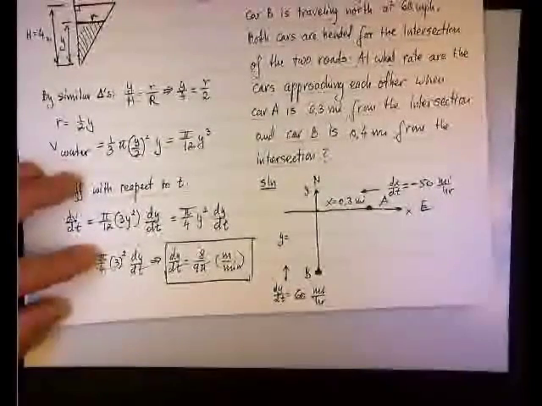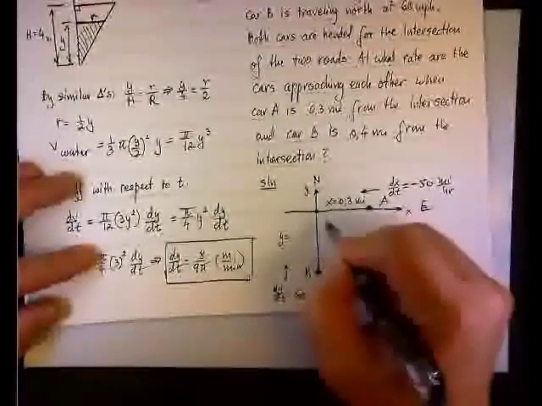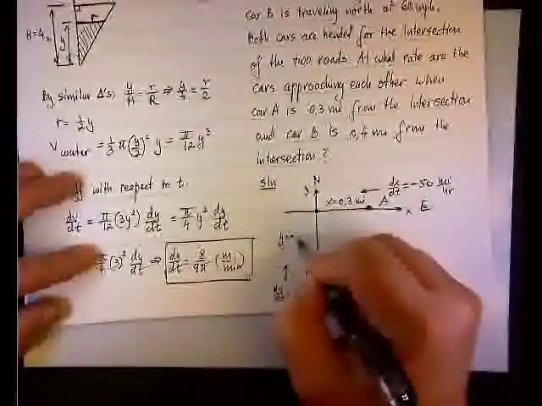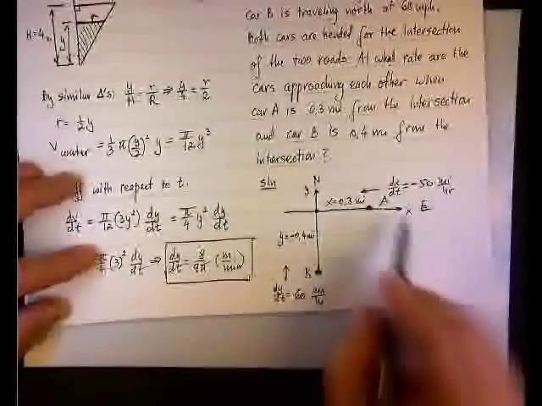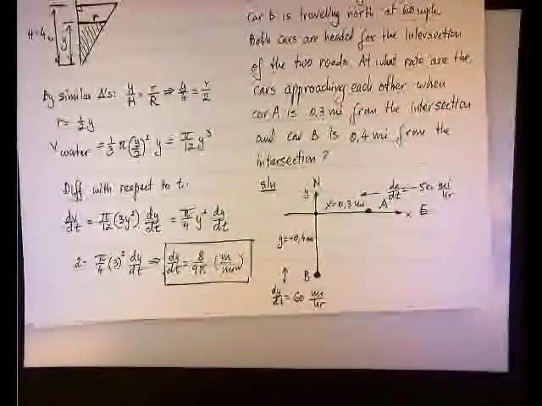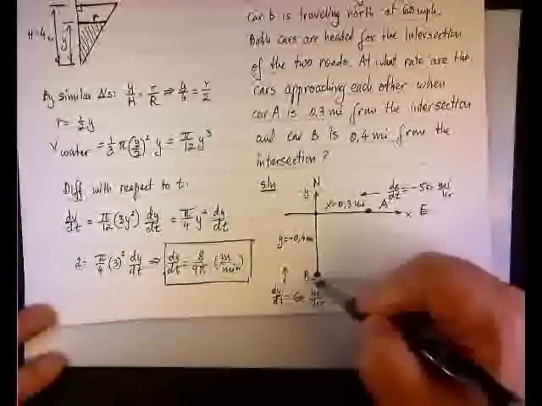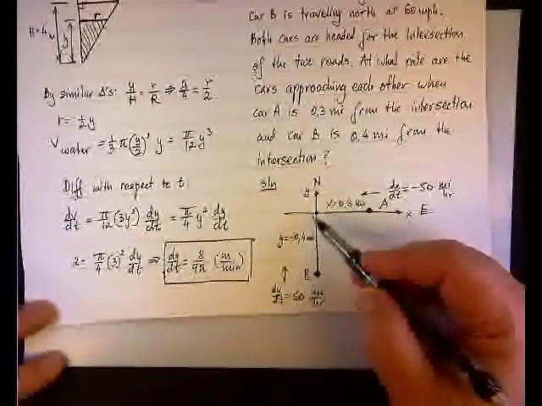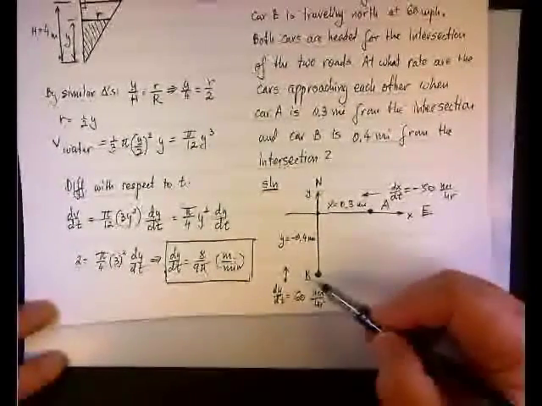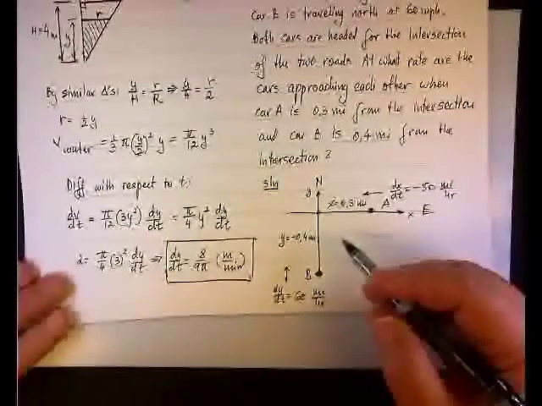Remember, we are operating with the standard Cartesian coordinate system. So the car is heading north toward an intersection, so the car is south of the intersection, therefore the distance is considered to be negative.